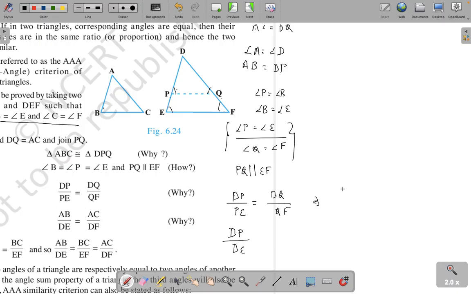Right, now I'll just flip this. PE upon dP is equal to QF upon dQ. Right, and then add 1 to both sides. So we'll get PE plus dP upon dP is equal to QF plus dQ upon dQ.